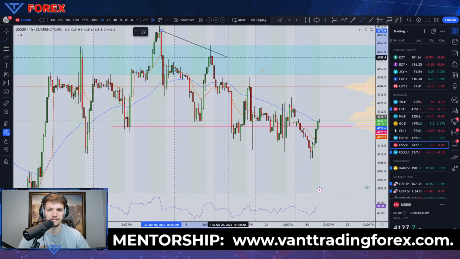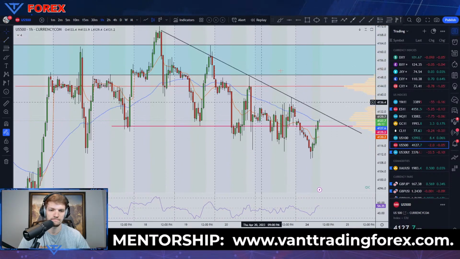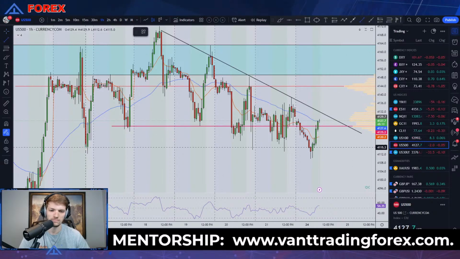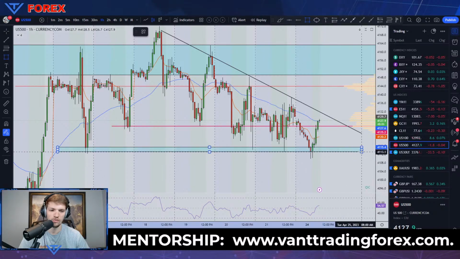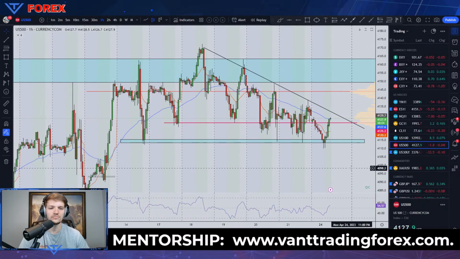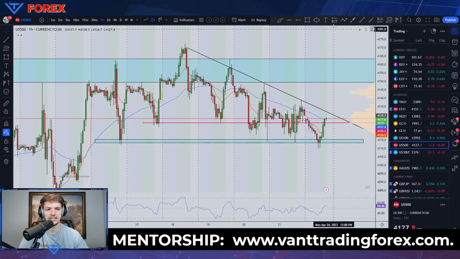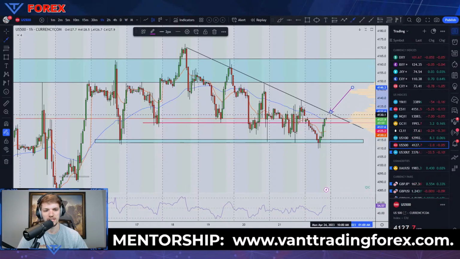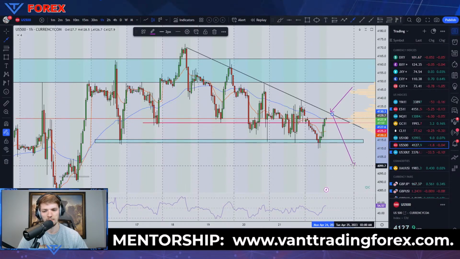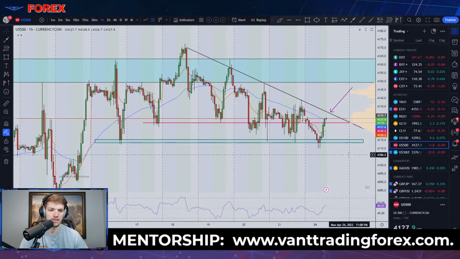We have a wedge forming here. And I would like to see if this forms some resistance to then push back down to support and then potentially break to the downside.